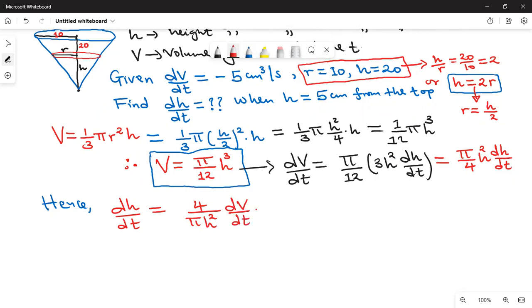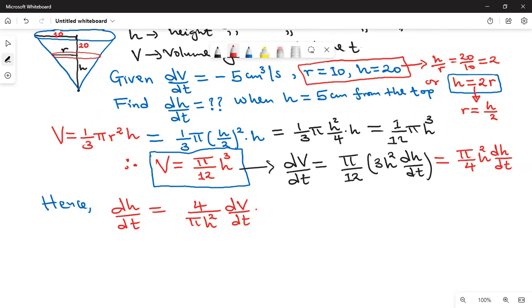Now, h is measured from the water surface to the vertex of the cone. But look at what we are given. We are told to find dh/dt when the water is 5 centimeters from the top. So then, what is the distance from the water surface to the vertex?